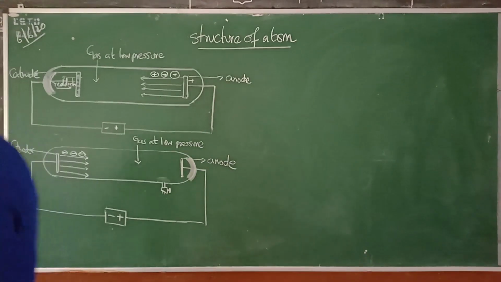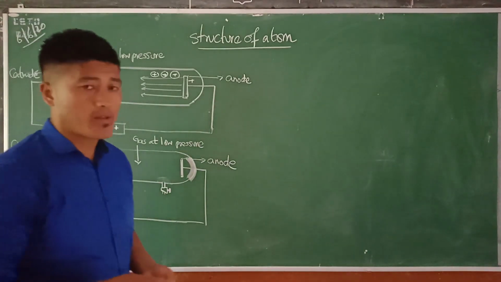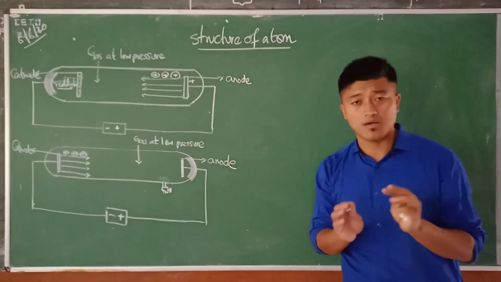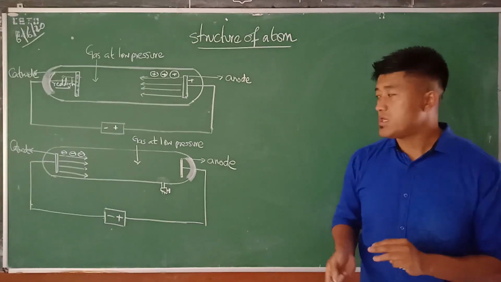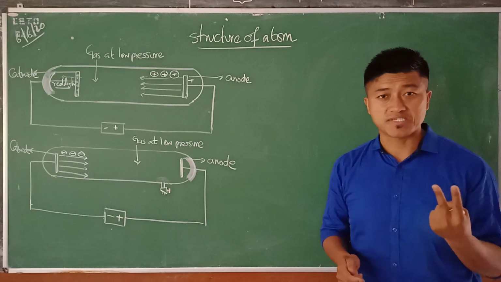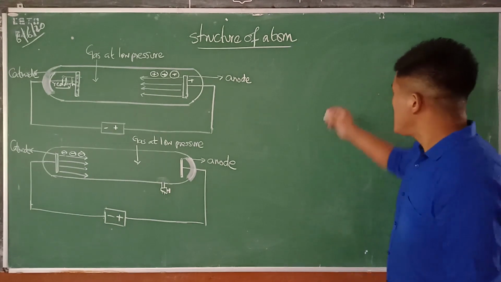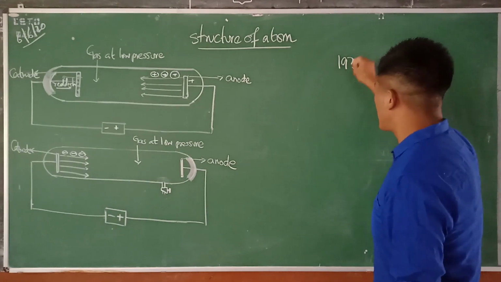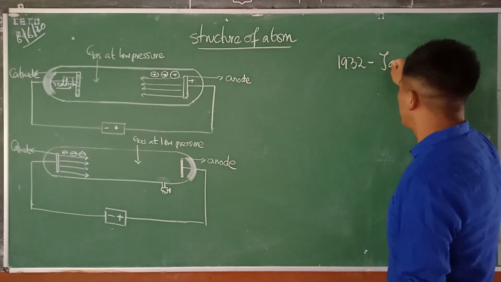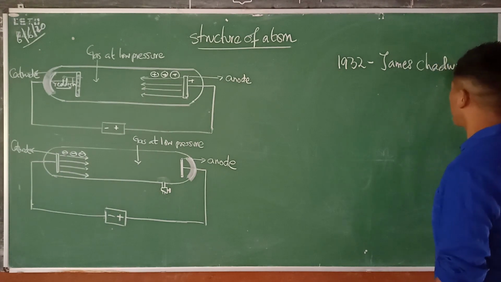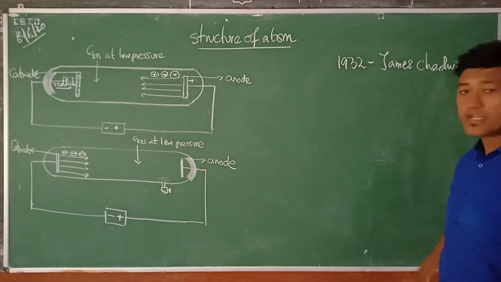Okay. So now in the third one, what is important for us to know is that there are three important subatomic particles here. We understood the two, that is proton and electron. Now, it was in 1932, James Chadwick. He did an experiment.